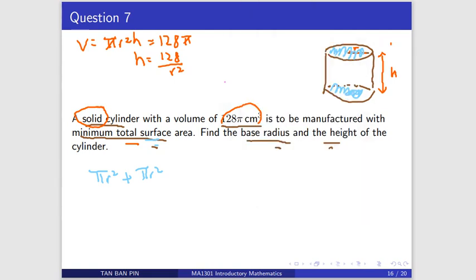That means you look for this part, the curved surface. If you cut it open, it gives you a rectangle. The height is h, so this length is h.